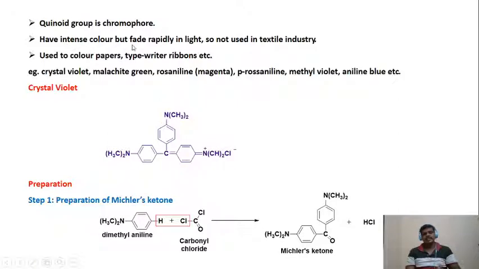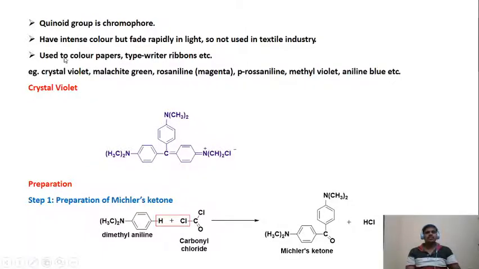Firstly it is very intense and it fades away in light. So it is not used in the textile industry. This is the limitation: when you put it into light, its color intensity reduces. So it is not industrially used in the textile industry, right?